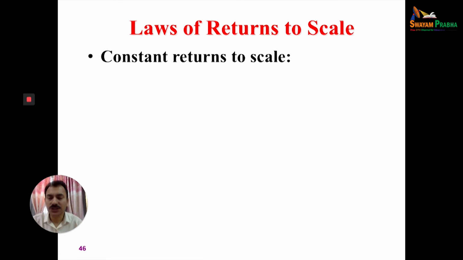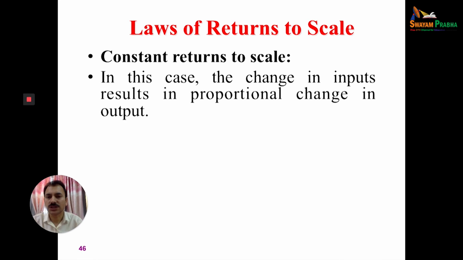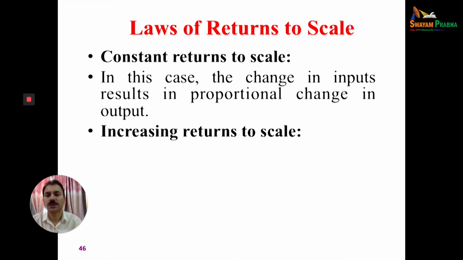If all factors of production change and the output changes in the same proportion, it is called constant returns to scale. In this case, a change in inputs results in a proportional change in output. For example, if there is a 5% change in input, output will also change proportionately, that is a 5% change in output, and that is constant returns to scale.